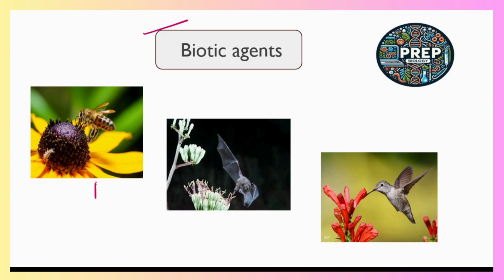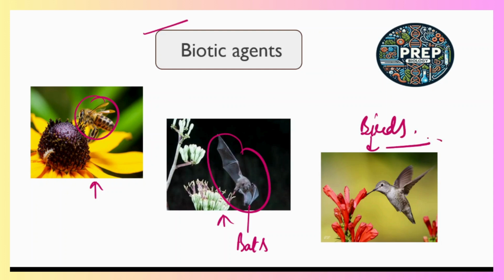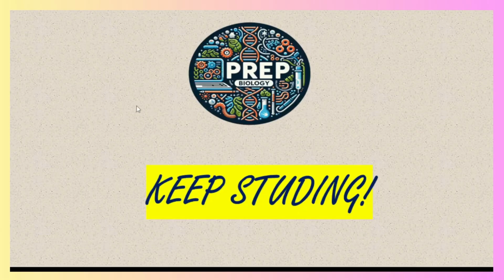You can see here these pictures that show the pollination occurs with the help of bees, bats, birds, and so on. So this is all about today's class. I have discussed each and every part of agents of pollination, types, examples. I hope this lecture is beneficial to you all. This is all about today's lecture.